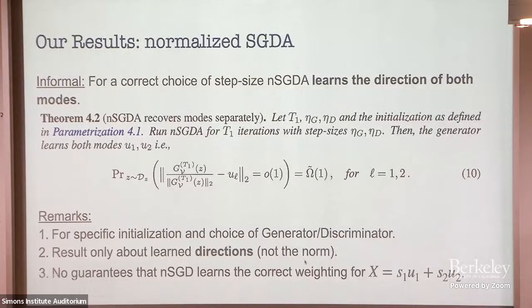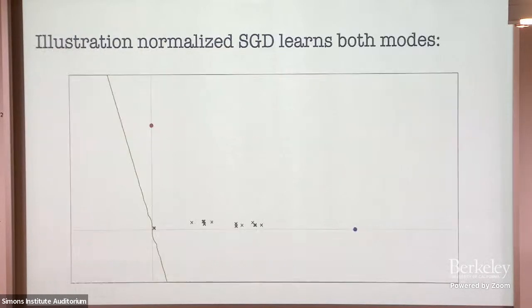Also, we have no guarantees that normalized SGD learns the correct weighting, meaning that because the target distribution is a mixture of U1 and U2, there is no guarantee we recover the correct mixture coefficients.